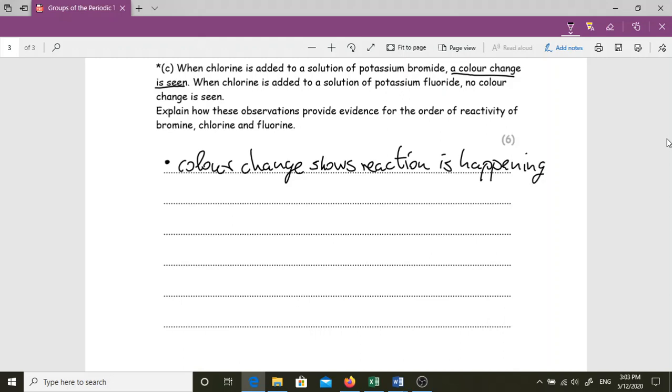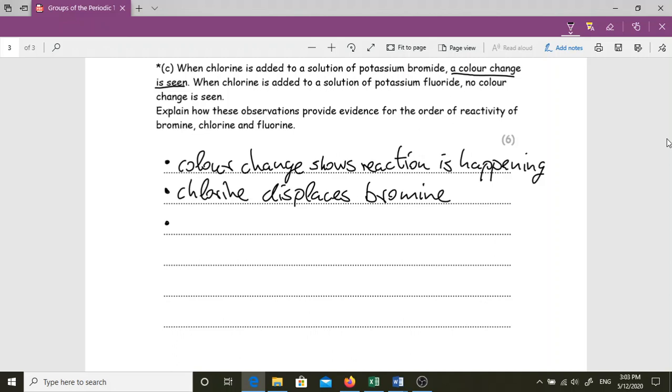Okay, so if there's a reaction happening in the first bit, that means that chlorine is displacing bromine from potassium bromide. So the next bullet point can just be chlorine displaces bromine. Now for the third mark now we have to say why this happens.